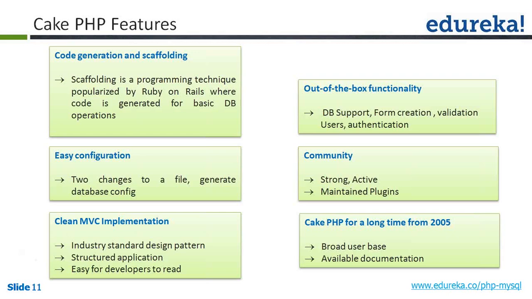If you want to insert a record, we have to connect to the database, select the database, and pass the SQL. Then only the record will be inserted. But scaffolding is a technology used by Ruby on Rails, another MVC framework. Ruby is a programming language. Ruby on Rails is nothing but MVC with database operations. Easy configuration: three changes, two changes to a file, one file.